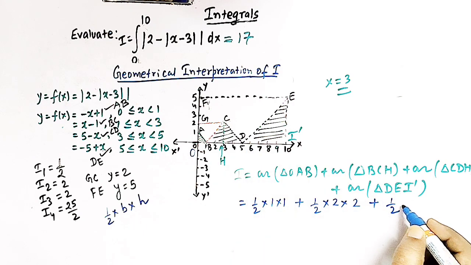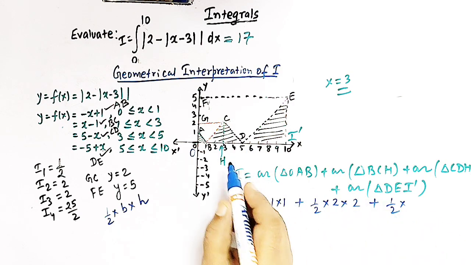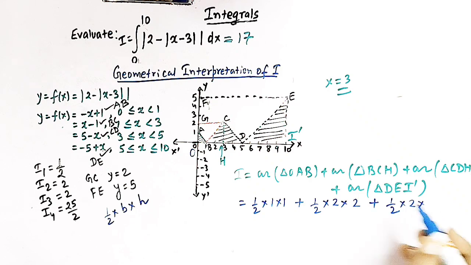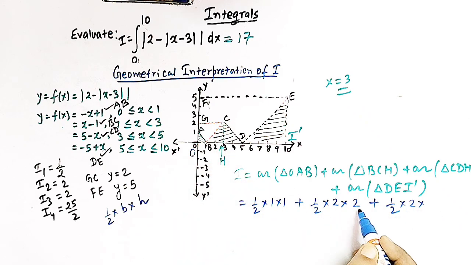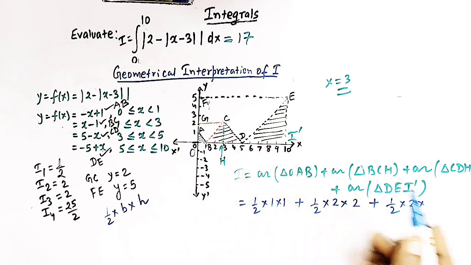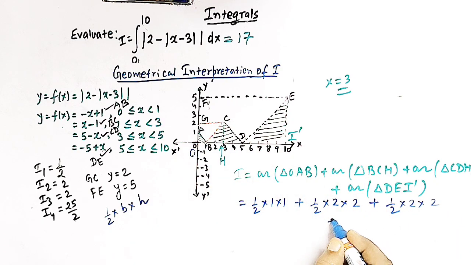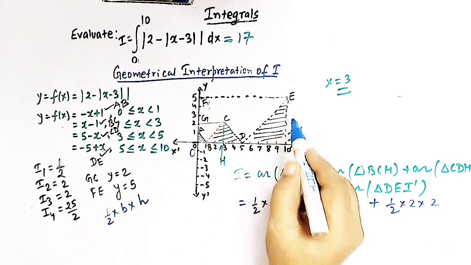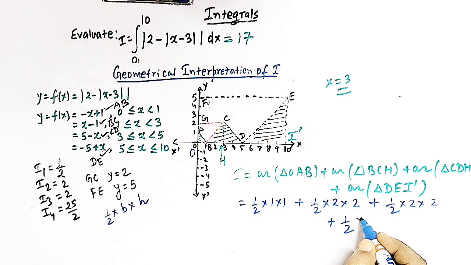And the area of the triangle CDH is given by half. The base is 5 minus 3, that is 2, and the height remains the same, that is 2 minus 0, that is 2. And the area of the triangle DEI prime is given by half.